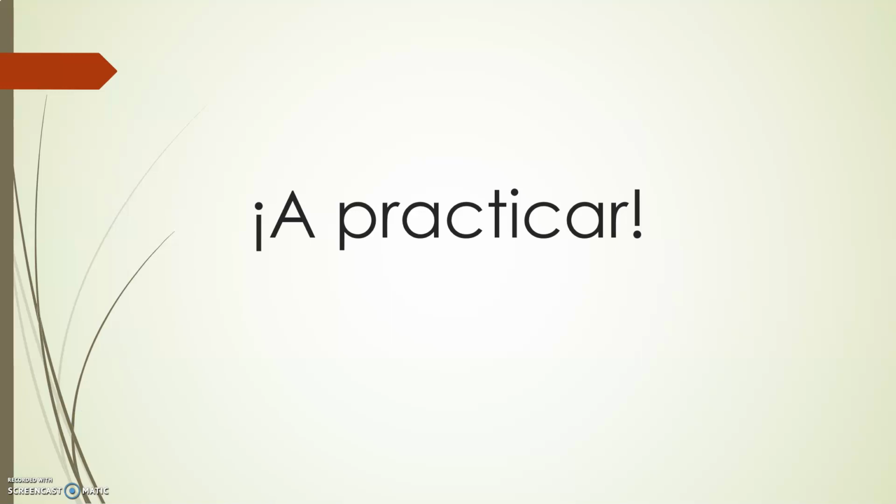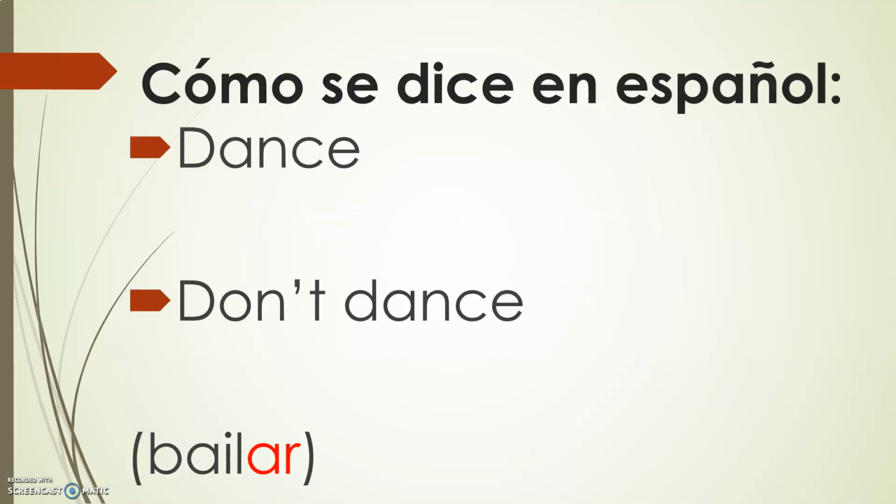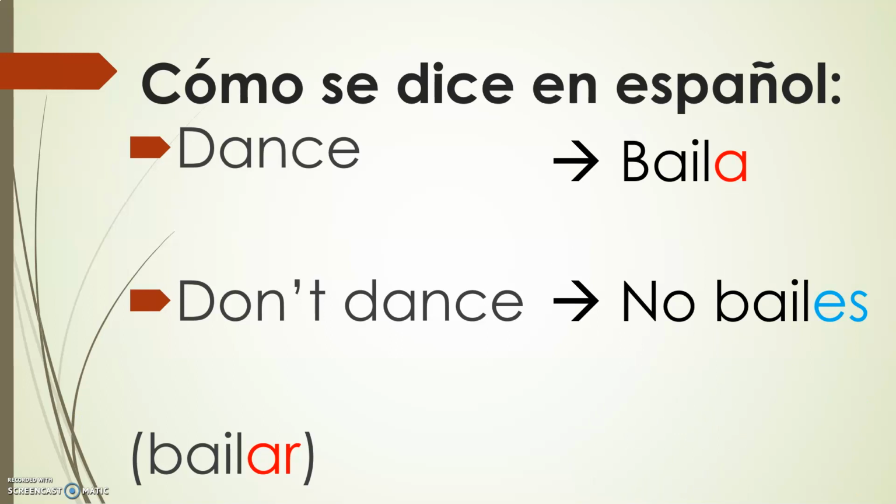Ahora a practicar. ¿Cómo se dice en español dance and don't dance? The verb is bailar. The positive form is baila, and the negative form is no bailes.